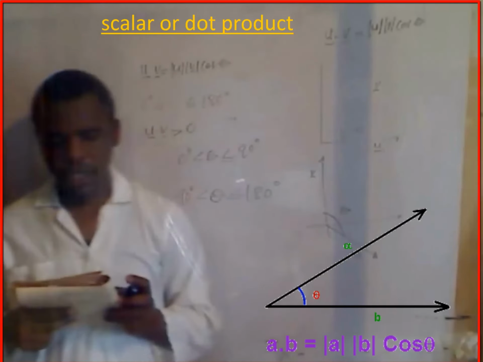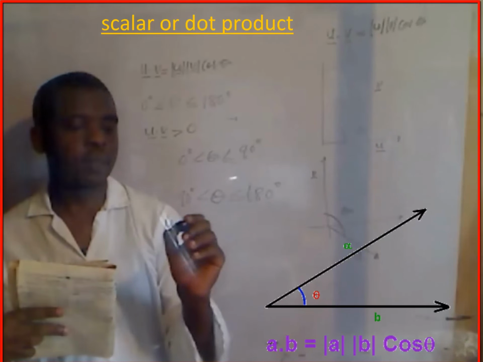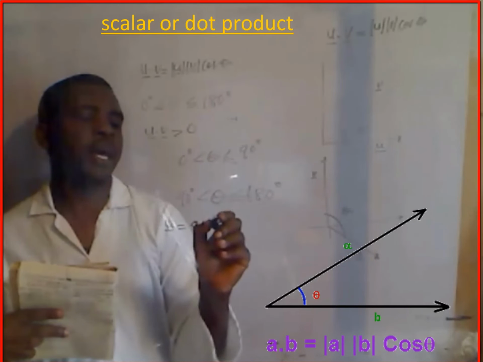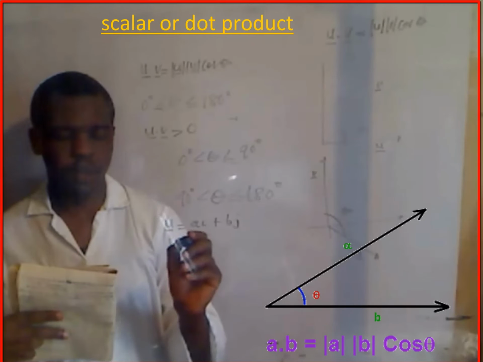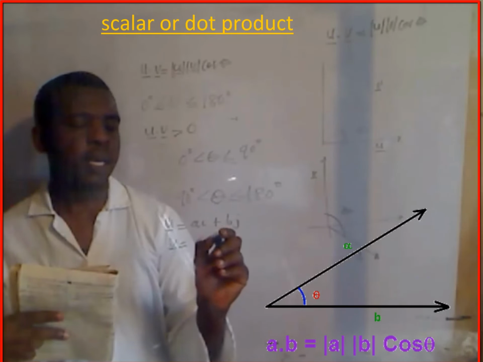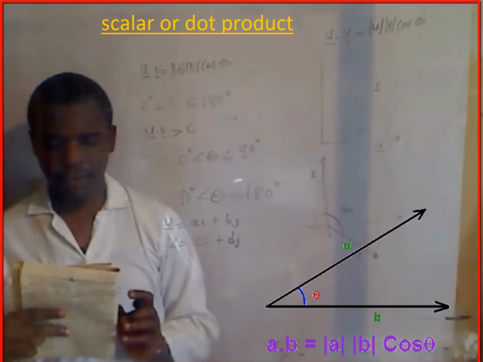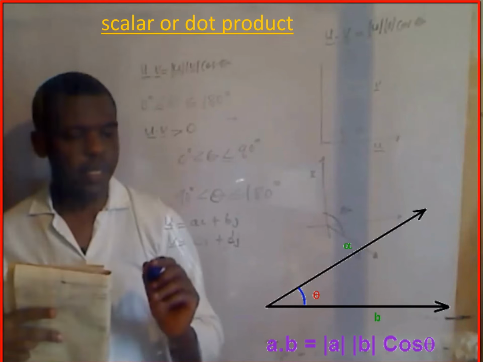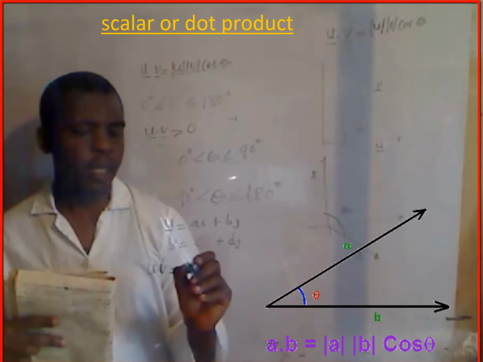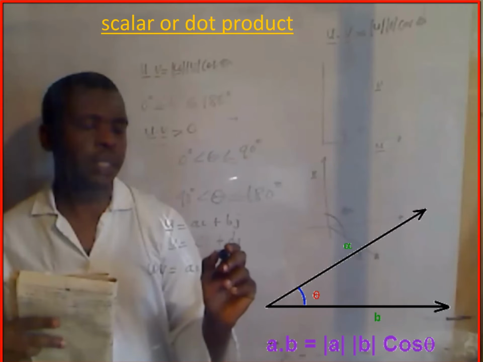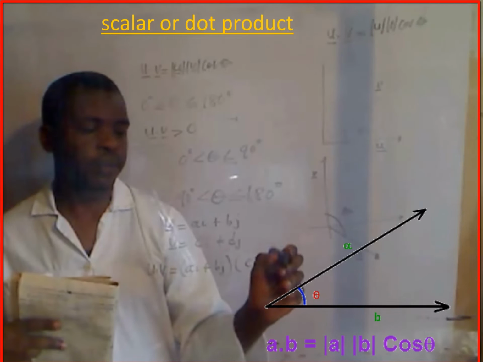Generally, given the vector u with components ai plus bj, and the vector v with components ci plus dj, then u dot v is equal to ai plus bj times ci plus dj.